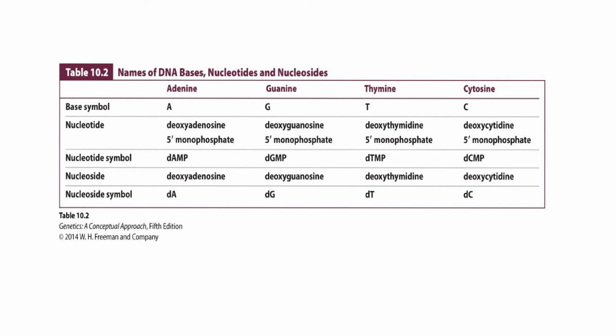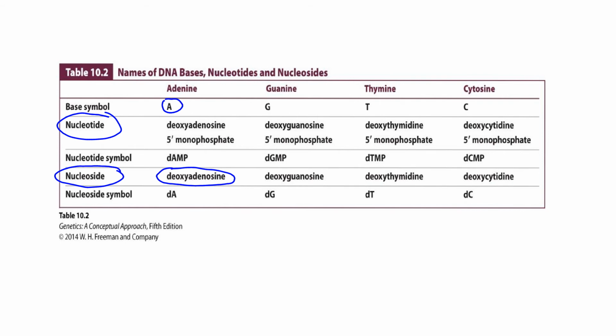One thing I would like to point out is the difference between nucleotide and nucleoside. In DNA, the nucleotide which contains adenine is deoxyadenosine monophosphate. That's a nucleotide. A nucleotide is composed of sugar, phosphate, and a nitrogenous base. A nucleoside, deoxyadenosine, is composed of sugar and a nitrogenous base.